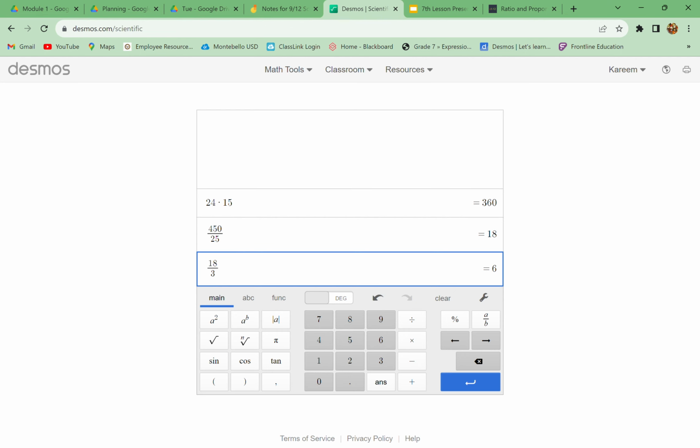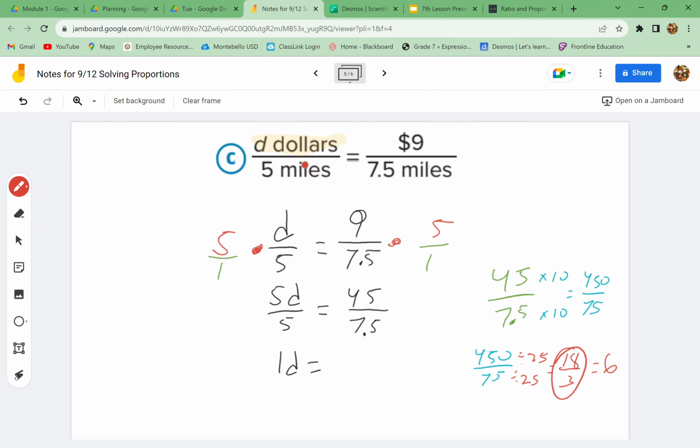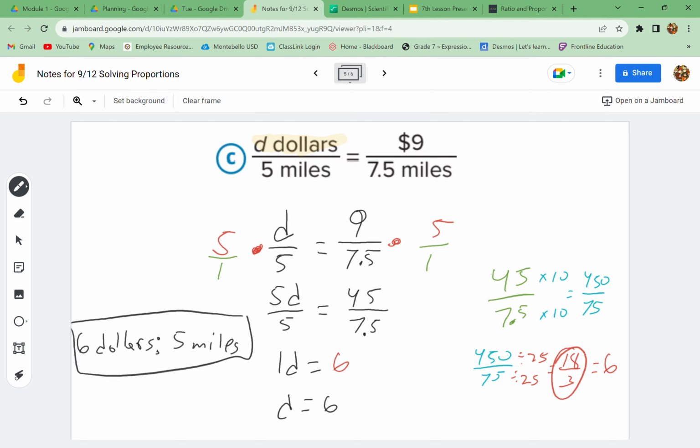Yep, it's 6. So you see, I verified my stuff here. So right here, it's going to be 6. So I have D equals 6. So what that means is that for $6, it's 5 miles. So that's the ratio there.